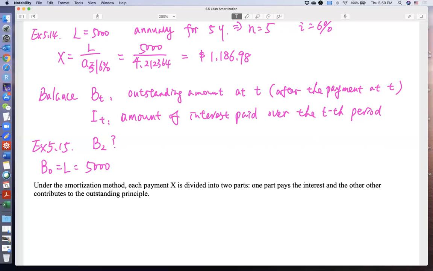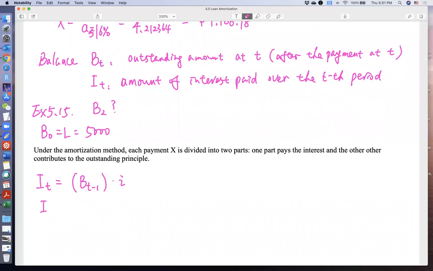So at the very beginning, the portion of interest is very big because you have a big outstanding balance. How do you calculate I_t? It is the previous outstanding balance times the interest rate. For instance, the first interest payment would be i times B0.